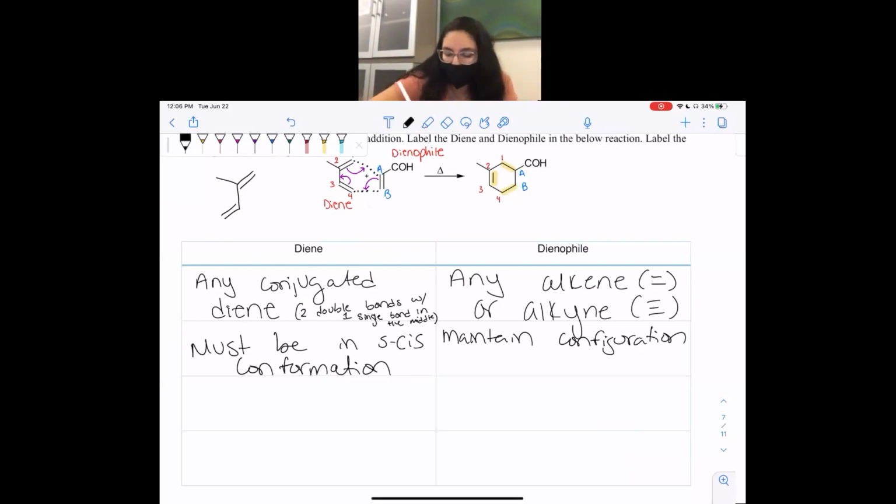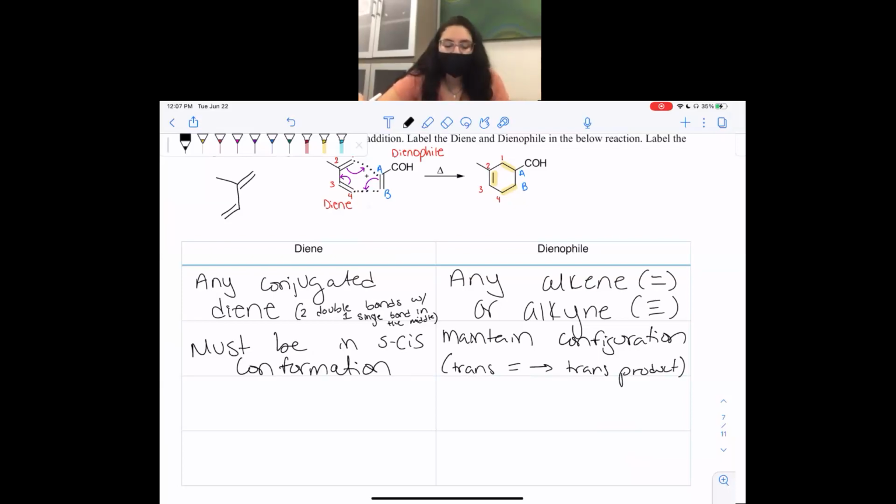So if we start with trans, we end up with trans. If we start with cis, we end up with cis. And just to make it a little bit more clear, trans double bond will equal a trans product. Cool.